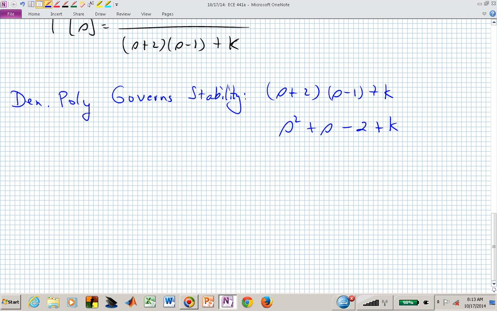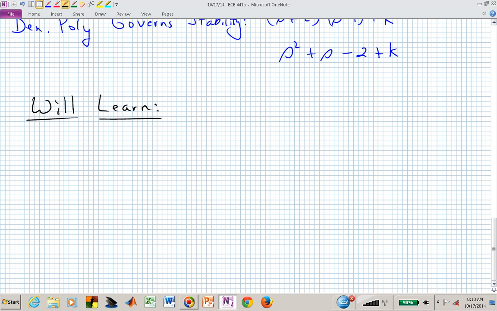What we are going to learn using the Routh-Hurwitz stability criterion, that in fact for a second order polynomial, the Hurwitz test actually becomes necessary and sufficient. And what we will learn is that a monic, is this polynomial monic? It is, because the leading power of the highest power is 1.